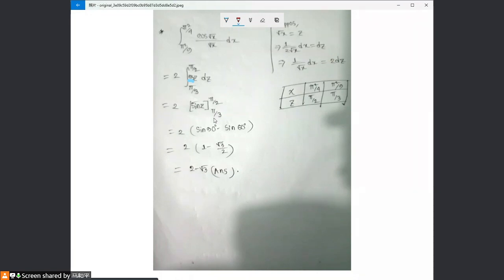It is equal to 2 times (sine of pi over 2 minus sine of pi over 3), which is 1 minus the square root of 3 over 2. So it's equal to 2 minus the square root of 3. Right. Maybe this is A plus. Great.